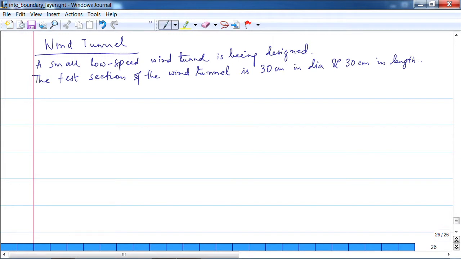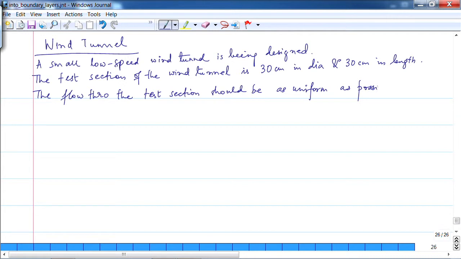Let me write that. So, the flow through the wind tunnel test section should be as uniform as possible.